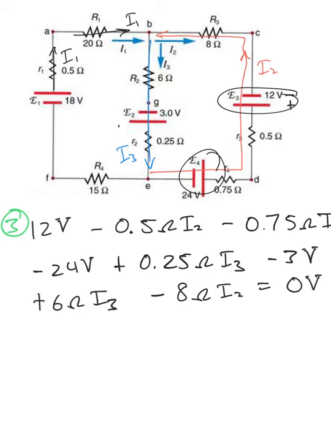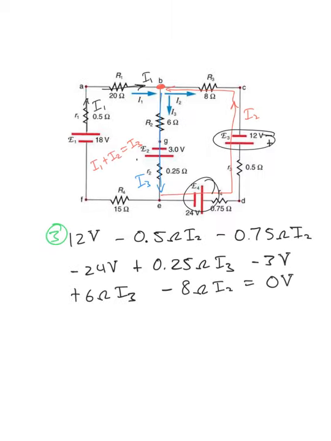And our current law equation would have actually been I1 plus I2 equals I3, because I1 and I2 are moving into junction B here at the top center, and I3 is leaving. So I3 equals I1 plus I2.